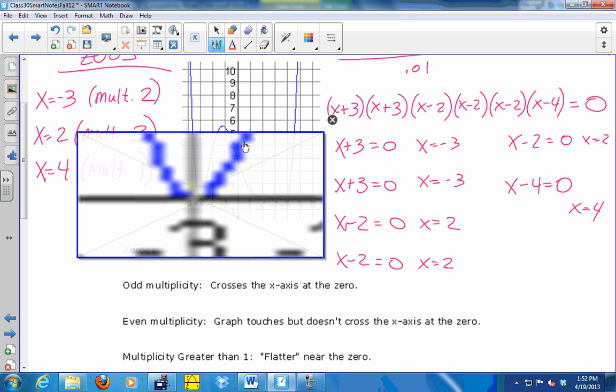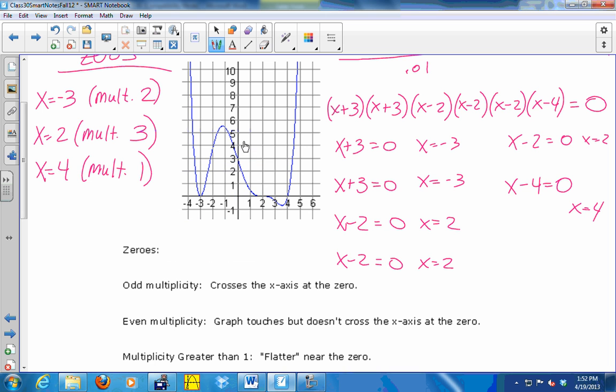Quadratic, yeah. It's got the end behavior of a quadratic or a 4th degree or a 6th degree. It looks like an even degree polynomial, right? Both arms up. When you get that kind of behavior near an x-intercept, that signifies an even multiplicity. And we, in fact, did have multiplicity of 2 at that 0 at negative 3.